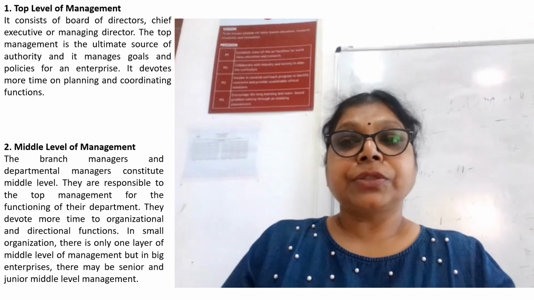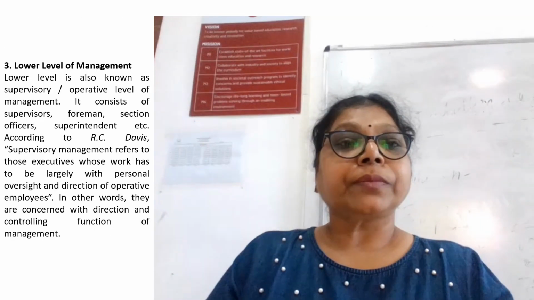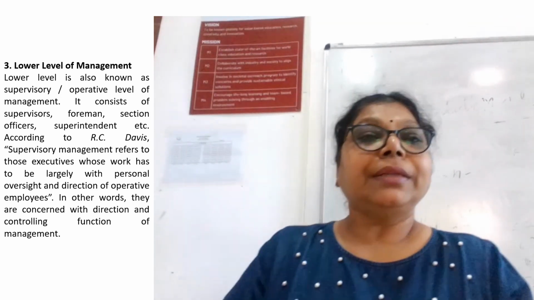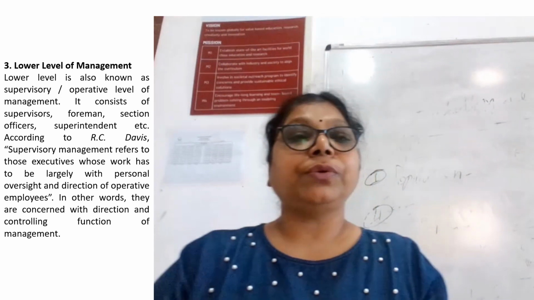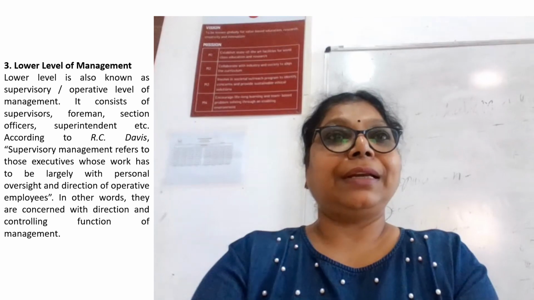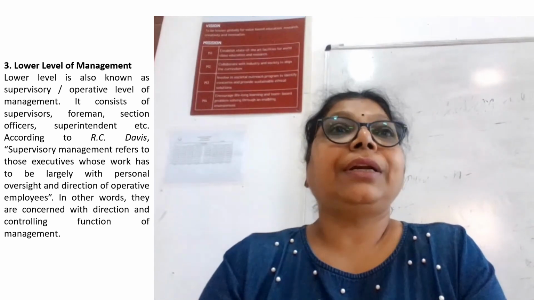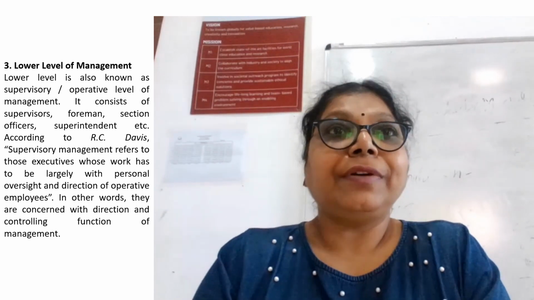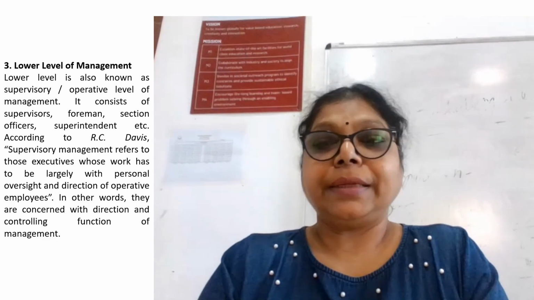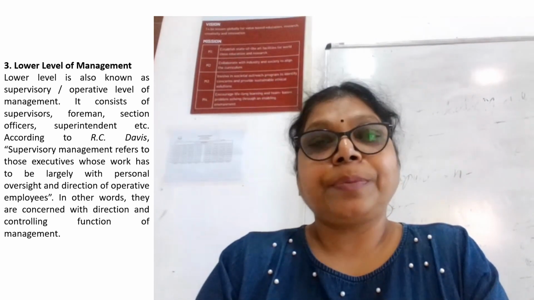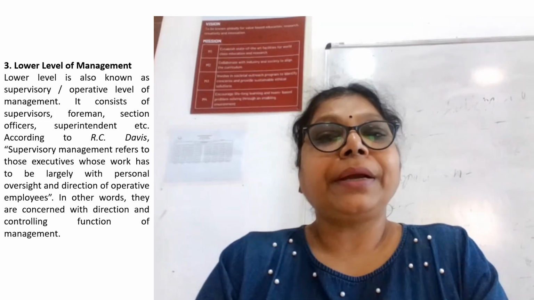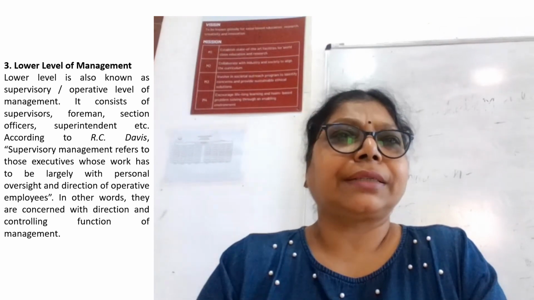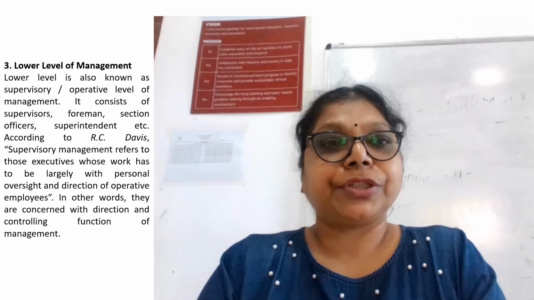Now coming to the third level, that is the lower level management. This lower level management, as I told you, is also known as supervisory level, operation level, bottom level, or shop level. You can call it by any other name. It consists of supervisors, foremen, section officers, superintendents, etc. It can be many more nomenclatures.